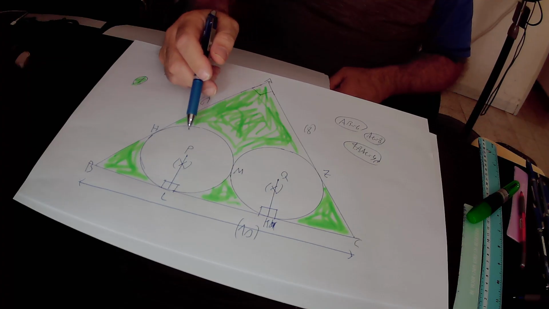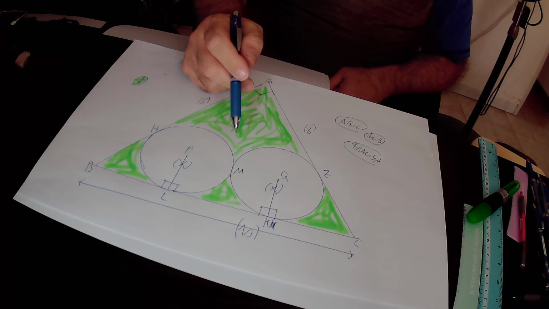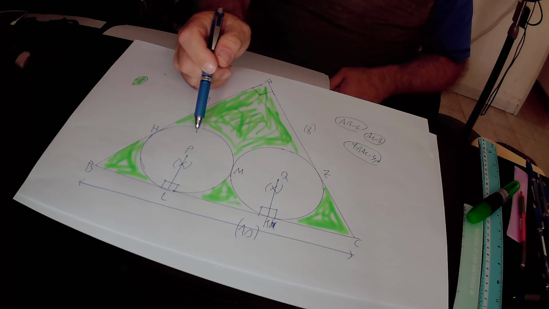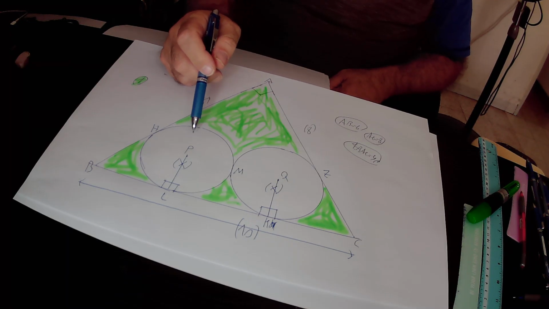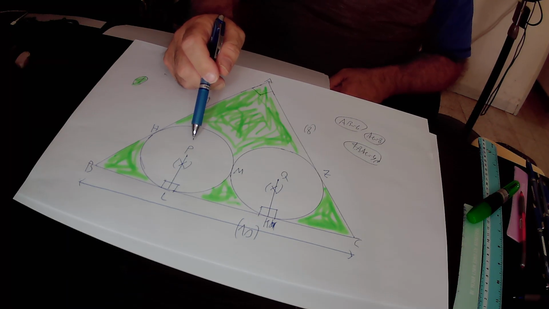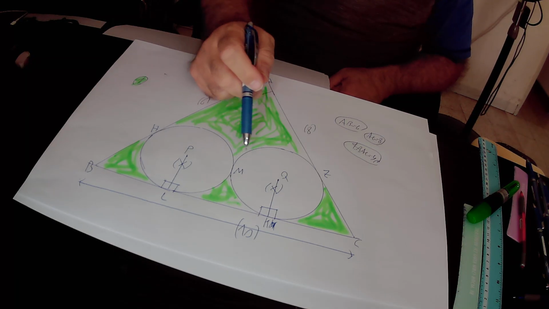According to rule 10, the straight line PQ must pass through their touching point, that is point M. So PMQ is one straight line.